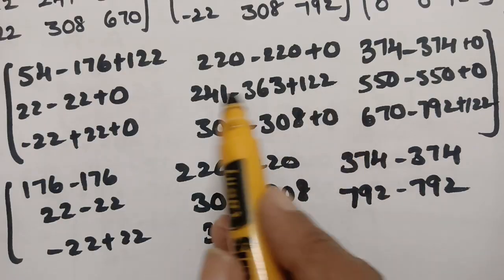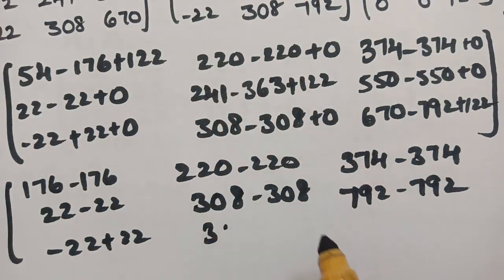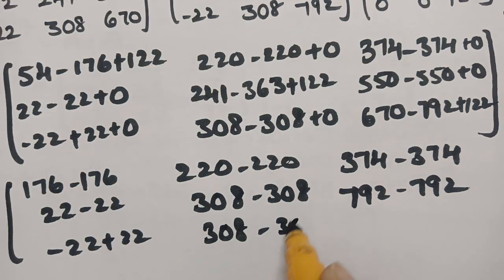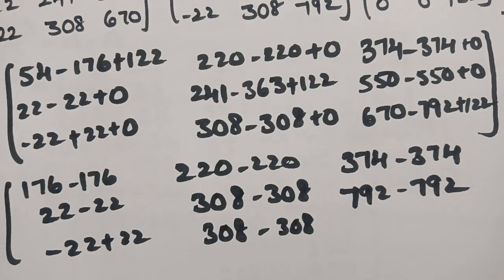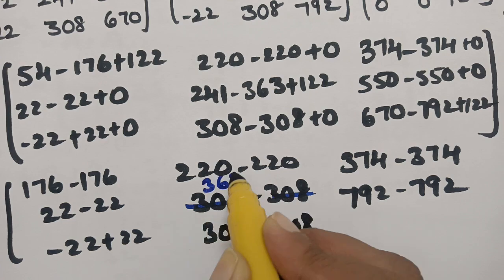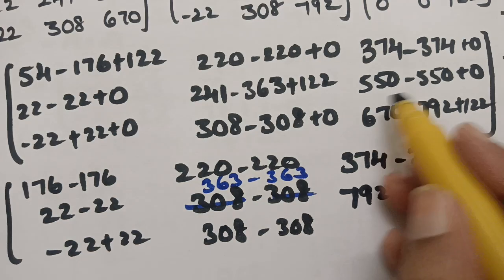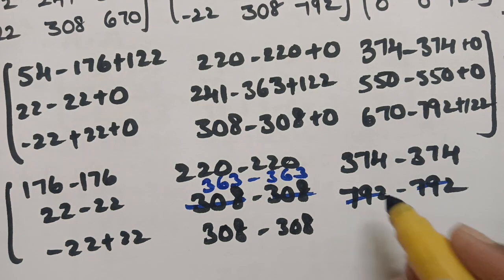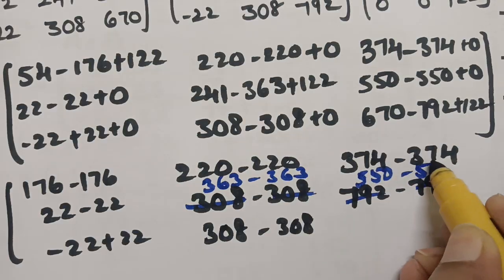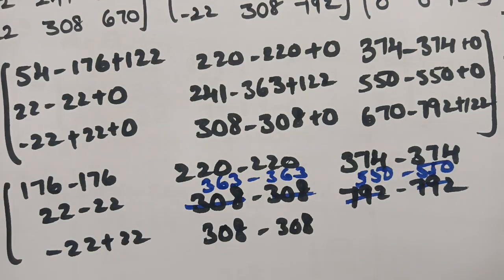If I add this one, the value here is 363. So this value is 308 minus 308, and a small mistake here. So here this is 363 minus 363, and everything is okay now. I've copied here like this. So this value is 550 minus 550, and the value down here is 792.